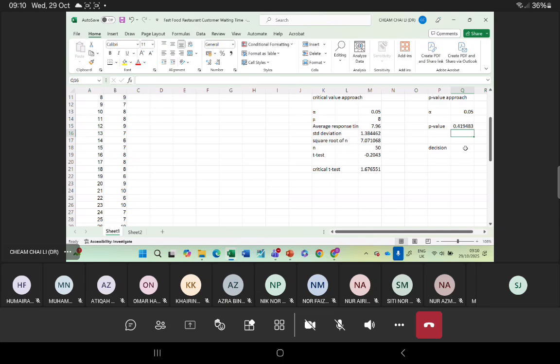So the decision is also do not reject H0, the same as the critical value approach. Do not reject it.